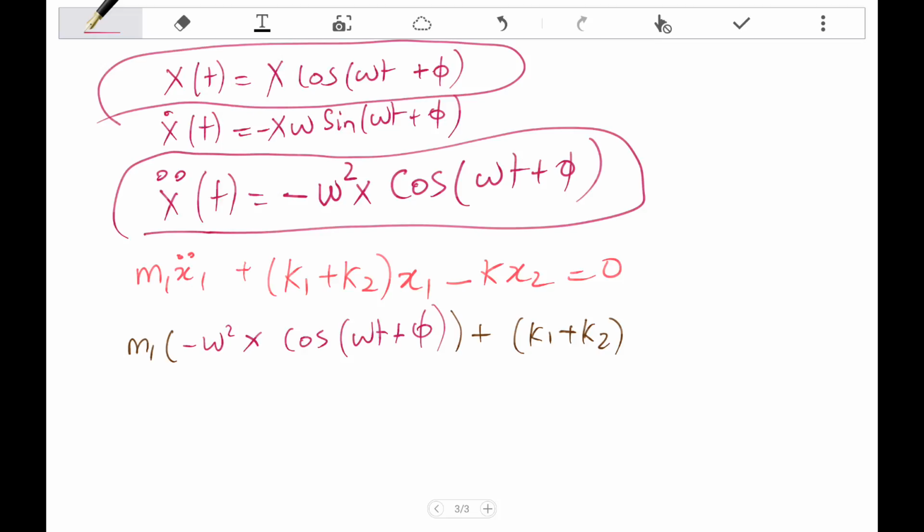Yeah, this is x1, I forgot to put the one here. Then it's x1 cos(omega t plus phi).